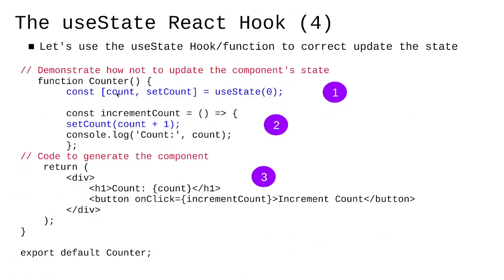One of them is a variable, the other is a function that updates that variable. We can use whatever names we want. However, we tend to use the name of the variable, and then for the function, we use the word set in front. That is the accepted pattern.